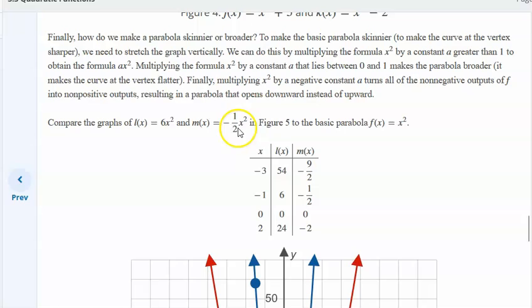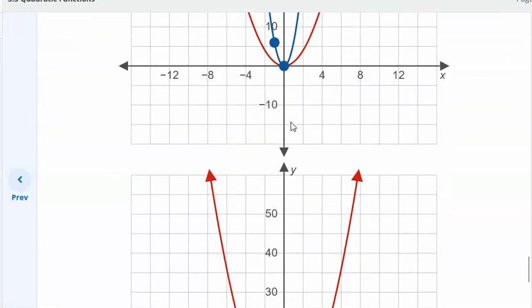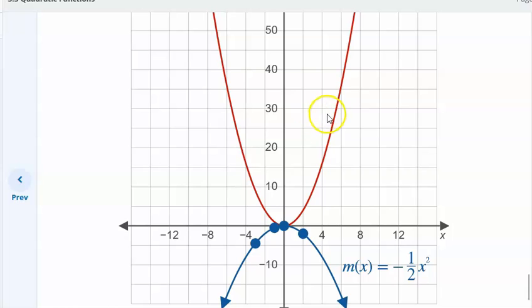Well, if our coefficient of x squared is negative, the parabola is going to open downward. Let's take a look at that in this next one. This is where our value of a is 1, x squared. This is our red parabola. If we make it a negative 1/2, it's going to open downwards.